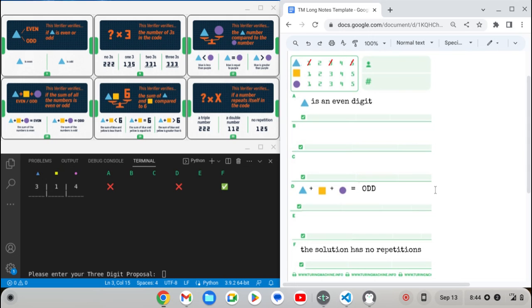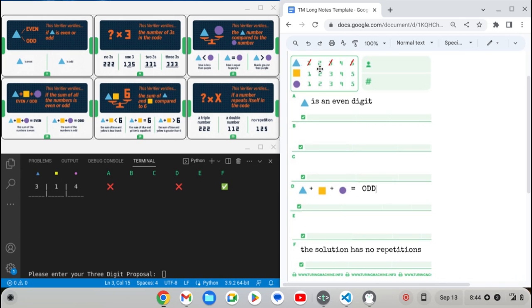Okay, so let's see. We do know that triangle is even. If I want the overall sum to be an odd quantity, I believe that means that among square and circle, one is going to be an even and the other an odd. The reason that's true is because when you add up two evens, that sum so far is an even quantity.